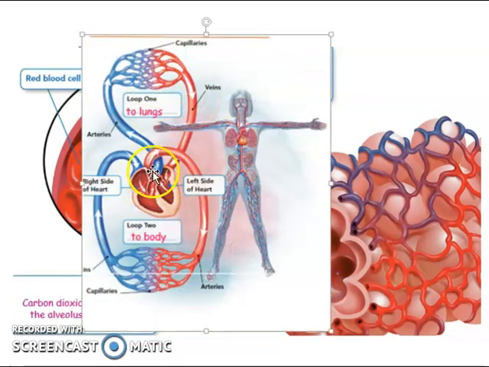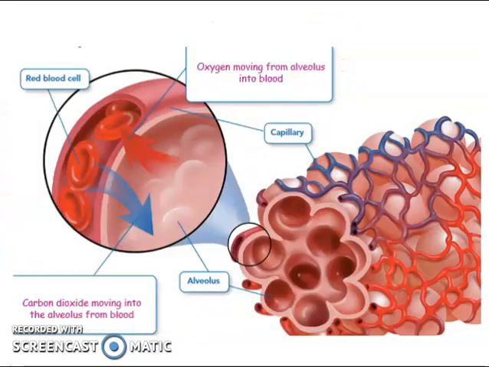Blood travels through the capillary, and this capillary is the loop inside our lungs. I will repeat: blood travels through capillaries, and the capillaries are responsible for the gas exchange, and this picture is inside our lungs. This thing is covering the alveoli.